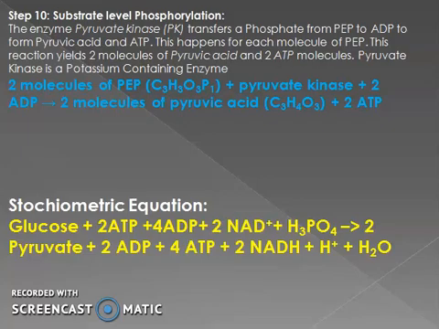This is the reaction. Now the whole glycolysis reaction is called the stoichiometric equation: glucose plus 2 ADP plus 2 NAD plus phosphoric acid H3PO4 gives you 2 pyruvate, 2 NADH, 2 ATPs, plus H plus and H2O.